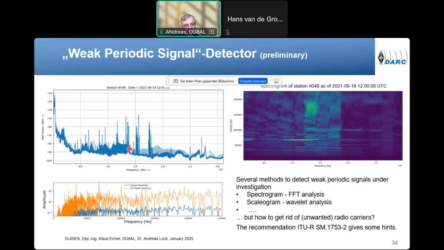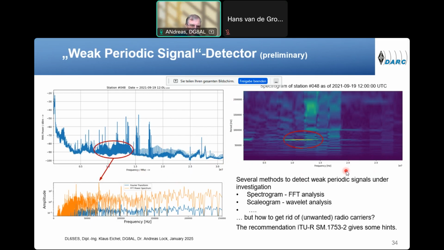Because you see the harmonics only in different sections, it's better to apply a so-called spectrogram, which on the x-axis shows the overall frequency, and on the y-axis shows the periodicity or the spacing of the carriers.